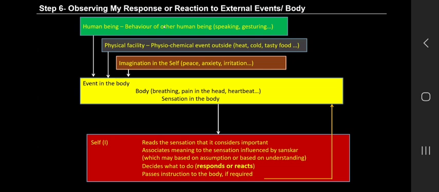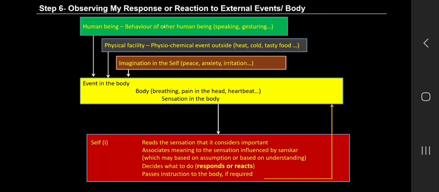And somehow I consider sensations the source of my happiness, feelings from others as a source of my happiness. And I try to continue those sensations which I like most. So this is a reaction.